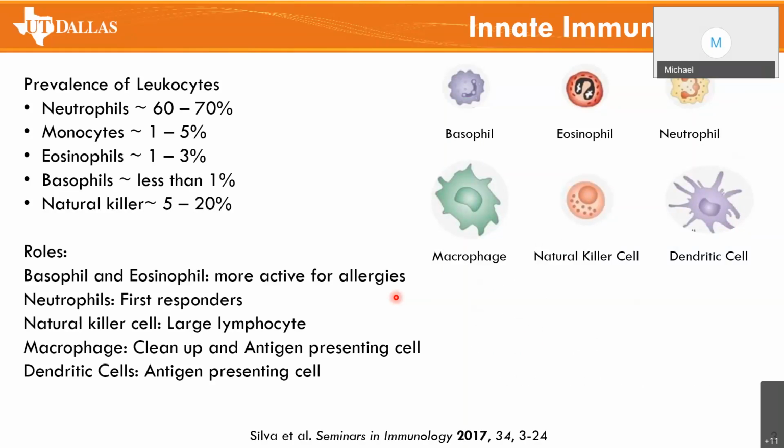Natural killer cells are large lymphocytes that don't really need an activation to locate infected cells and cause them to apoptose. Macrophages are kind of the cleanup of cell debris, and they can also be antigen presenting cells. And dendritic cells' main role in the immune system is acting as an antigen presenting cell.